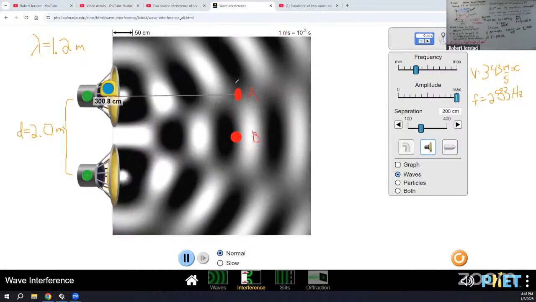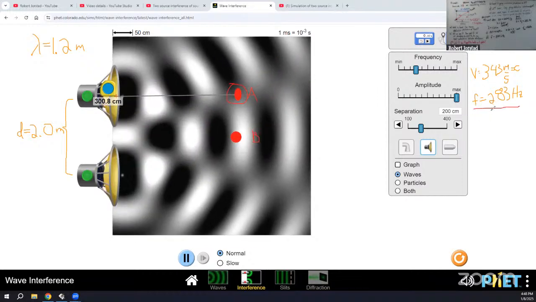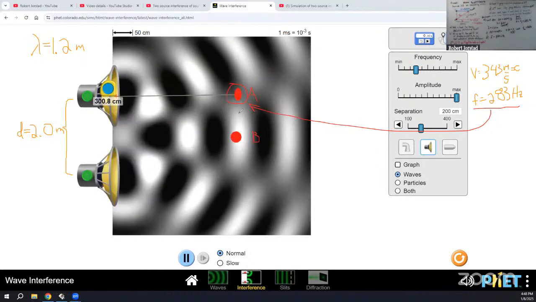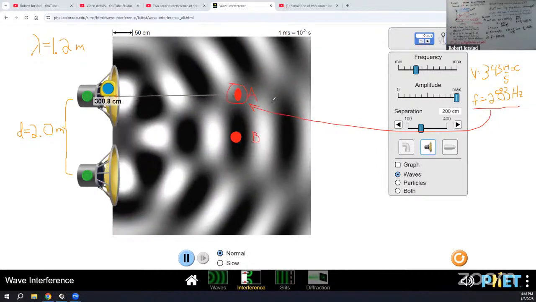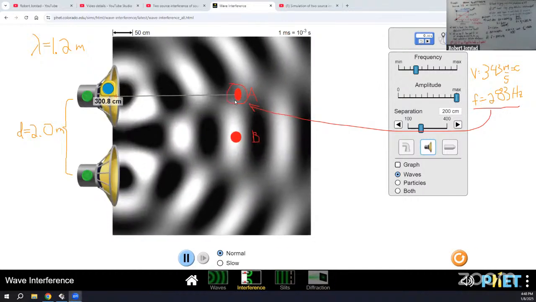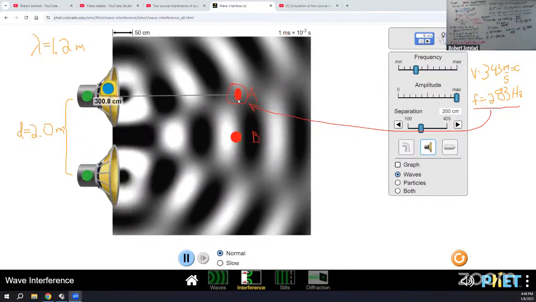And so notice here at point A, we said if you set the frequency at 283, we should get a dead spot or a sound minimum. And notice what's happening at point A. It's getting kind of messy there, but you could see that the color is light gray instead of white and black alternating. Why is it light gray?